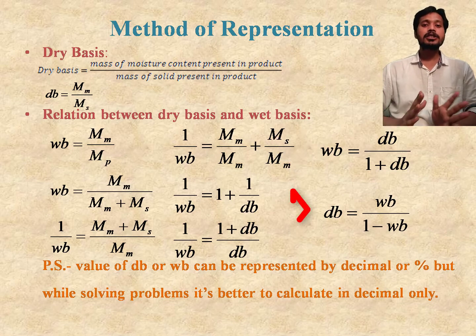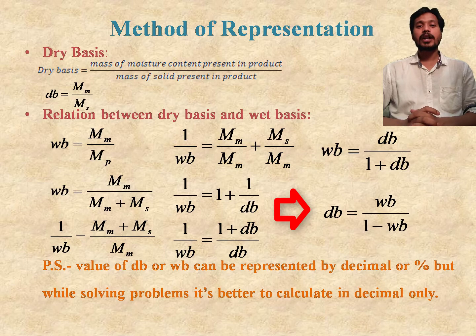Now in the reverse way, if you want to write the value of dB in terms of WB, then the formula becomes dB equals WB by 1 minus WB. So these two relations we can prove, and these values are given in percentage or in decimals.